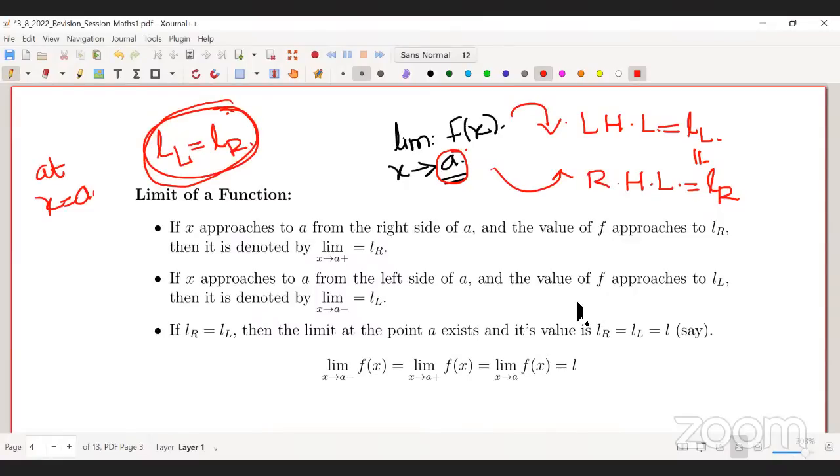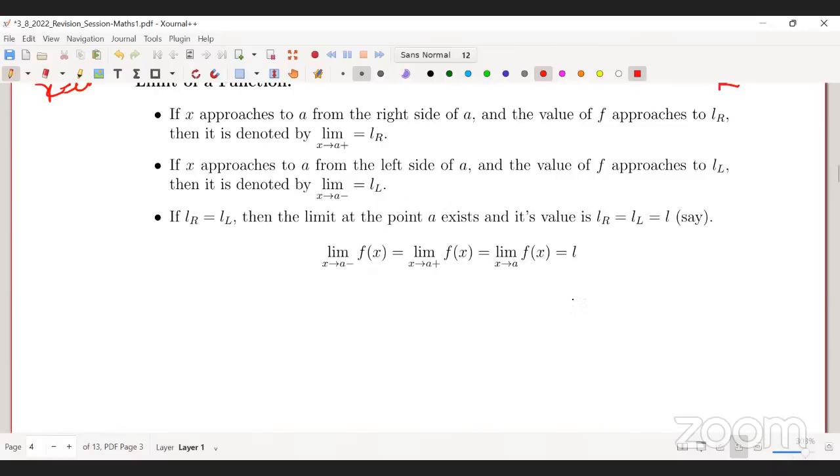For example, if I take this function f of x is equal to 1 by x, whether 0 is in the domain of the function or not? No, sir.